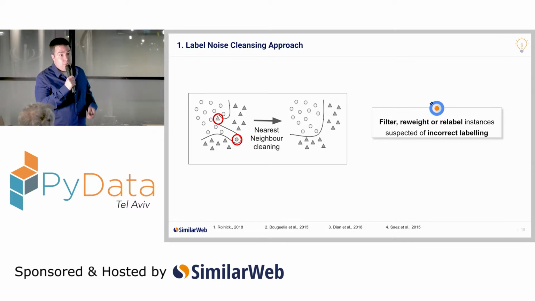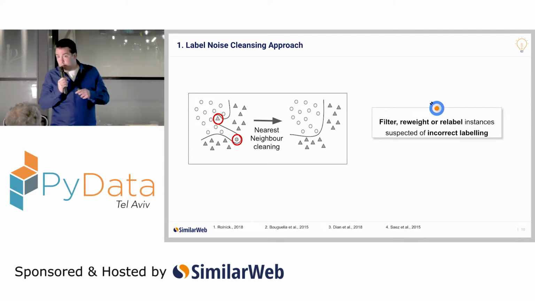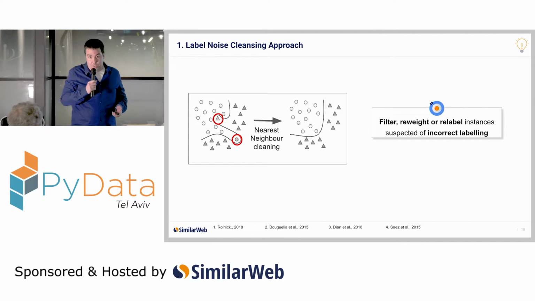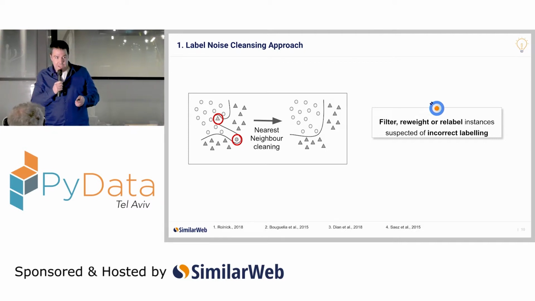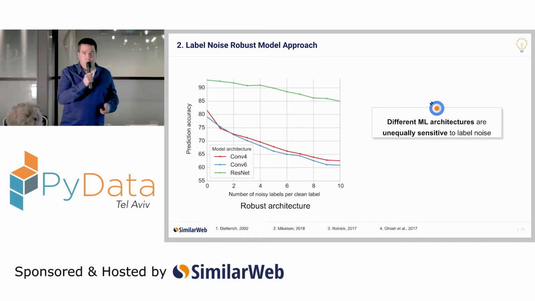Unfortunately, these methods are sometimes unable to differentiate between mislabeled instances and hard-to-classify instances. And furthermore, they tend to filter out instances of minority classes, which will make the classification even harder than it was before.